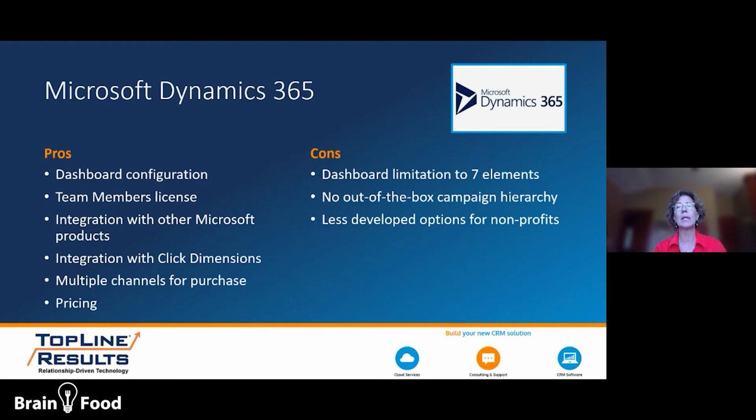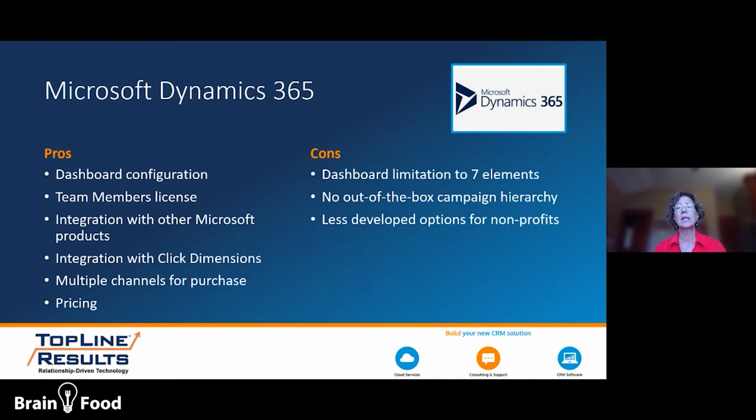And with a campaign hierarchy, you would be able to look at an individual brain food event and see not only the attendees, but any other data associated with that at an individual level, which is kind of the drill down detail. But with a parent relationship for all of Brain Food Series, you can look at all of the different brain food events that have been done, and they would be summarized.